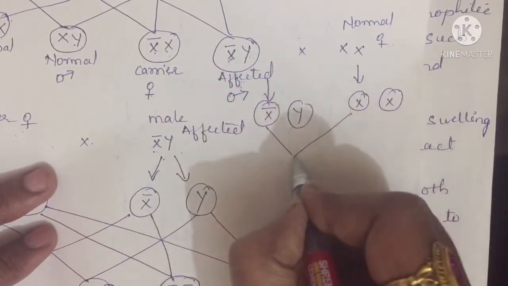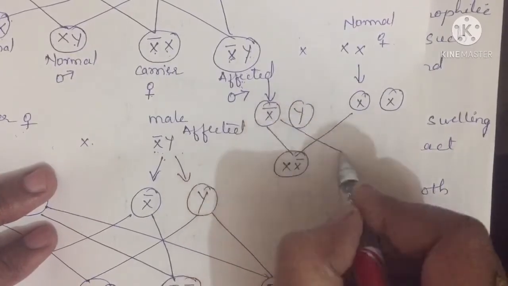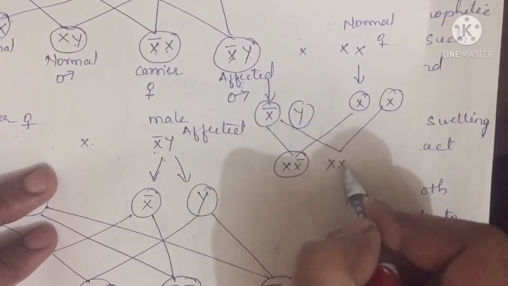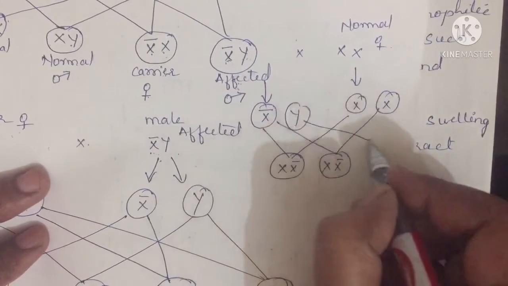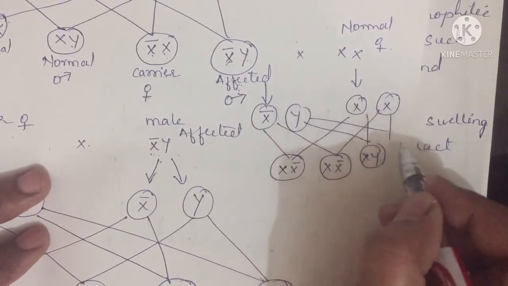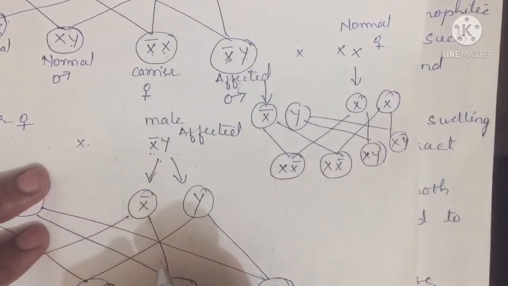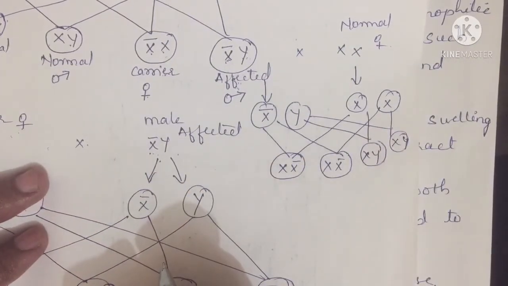Now if you cross this, you will get X and X dash, X and X dash, X and Y, and X and Y.